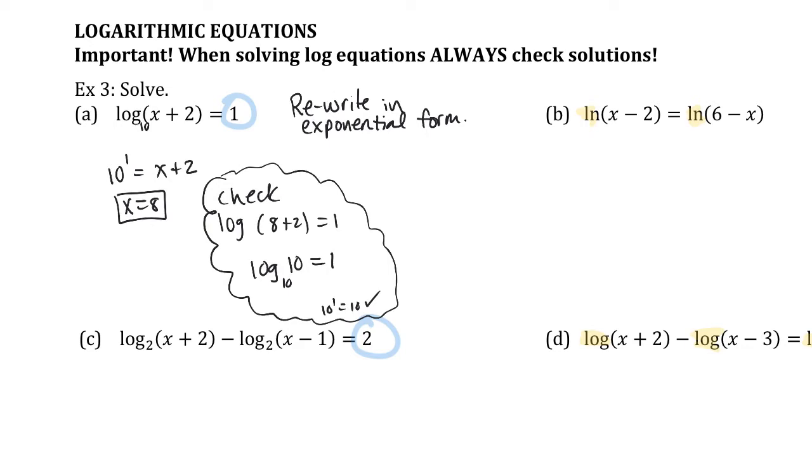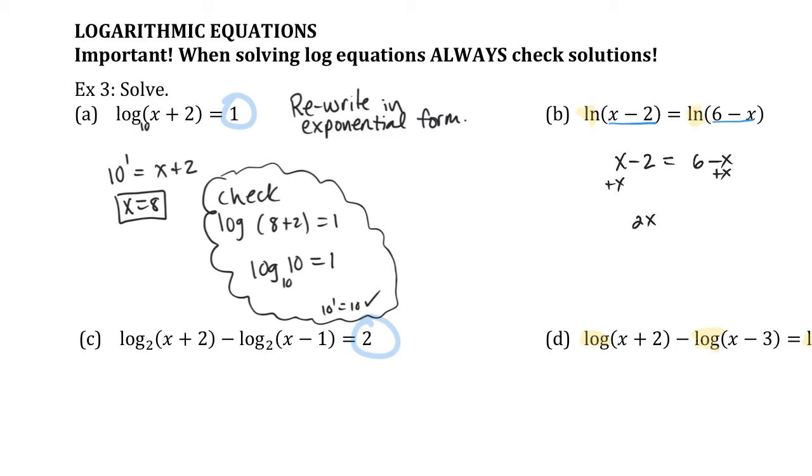And now the second process is for when you have logarithms everywhere. If you have the same base, then the arguments had better be equal, or else this doesn't make any sense. So you can set the two arguments equal. We have x minus 2 is equal to 6 minus x. Then I'm going to add x to both sides.